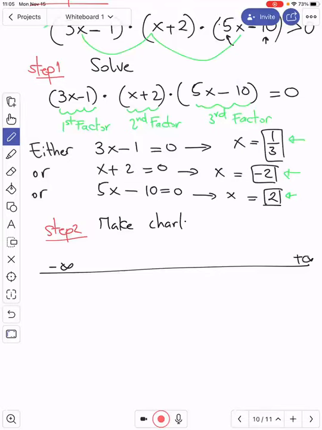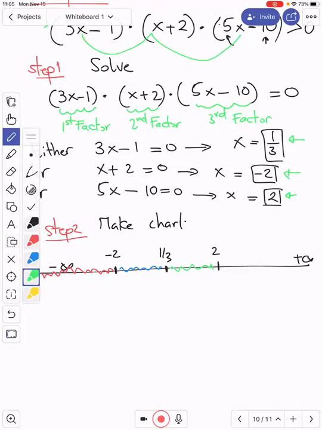You start with the smallest solution, which is -2. Here's my -2, my next solution is 1/3, and then we have +2. So how many intervals do we have? First interval, second interval, third interval, and finally a fourth interval. So now we have 4 different intervals.